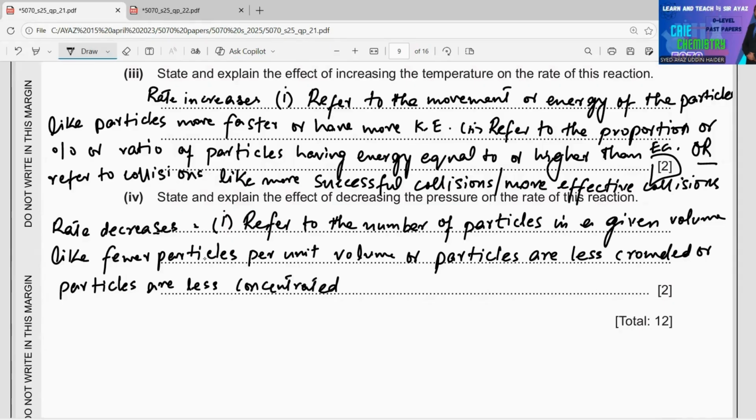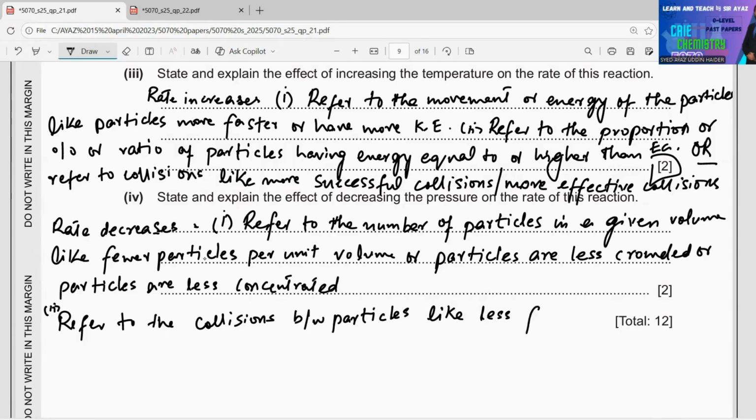Second statement. So you'll write, refer to the collisions between particles. Like less frequent collisions.